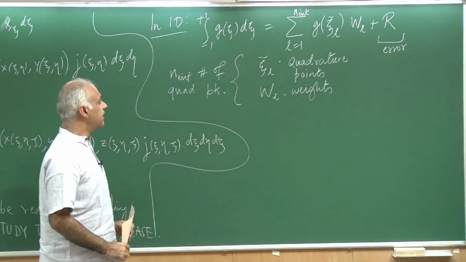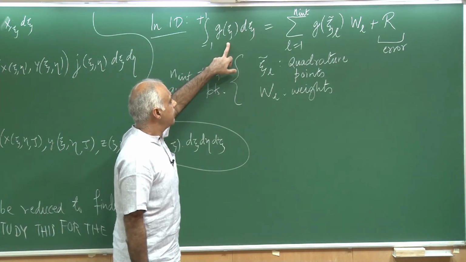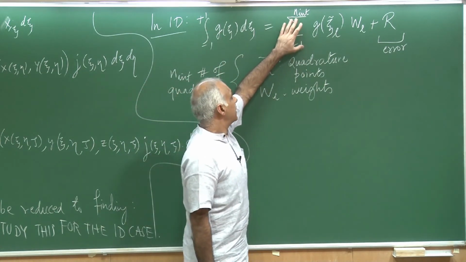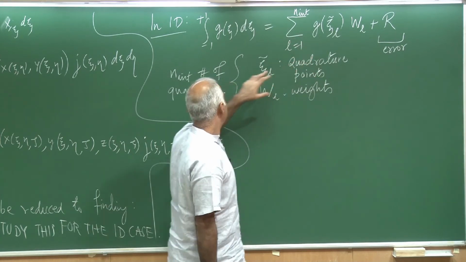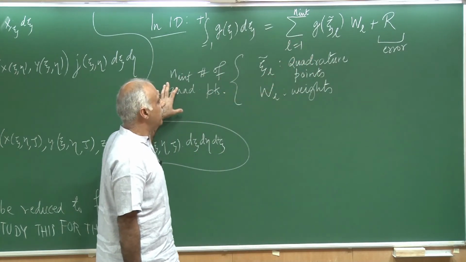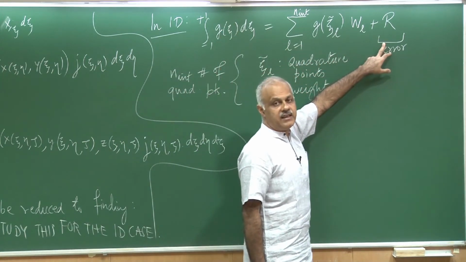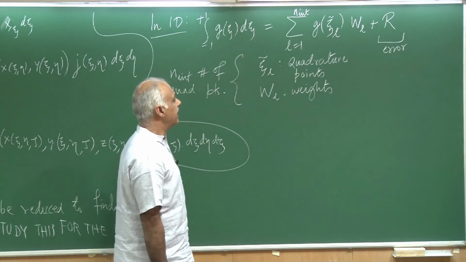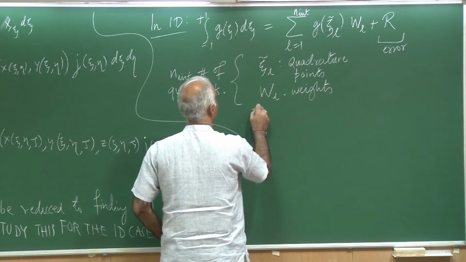So the suggestion that is being made is that to calculate this integral, we can actually replace the integral with a summation over a certain number of points, the quadrature points, and this would lead to some error, and if we are okay with the approximation, we can neglect the error and then write the following.